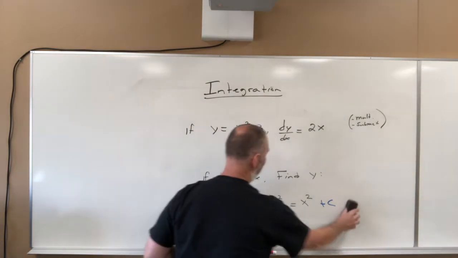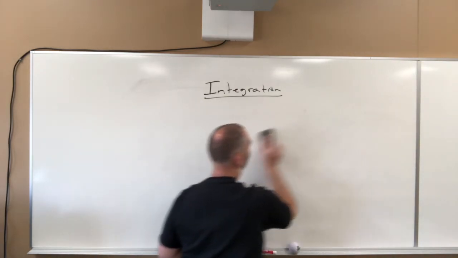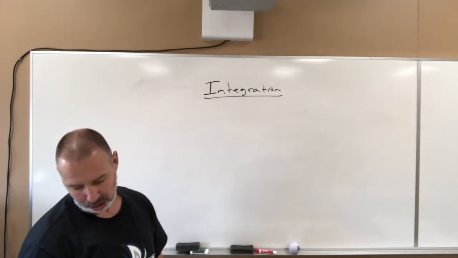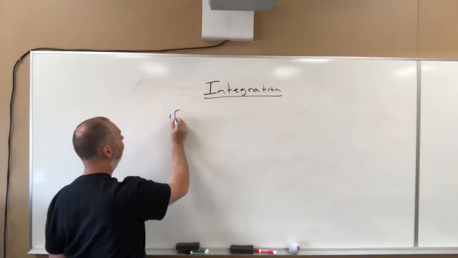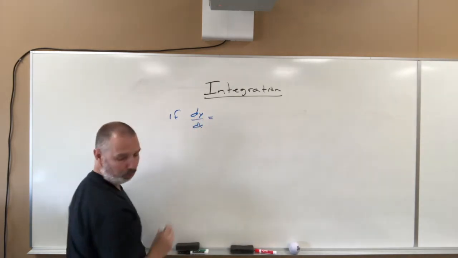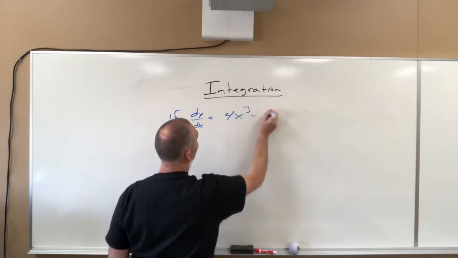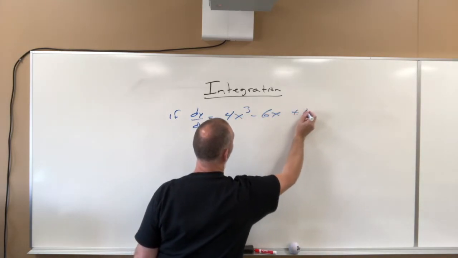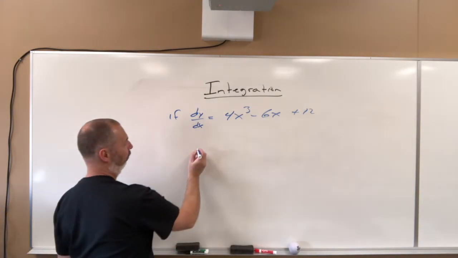Today I want to leave you with an example that I want you to do. We'll do a simple one. If dy/dx equals 4x cubed minus 6x plus 12, find y.